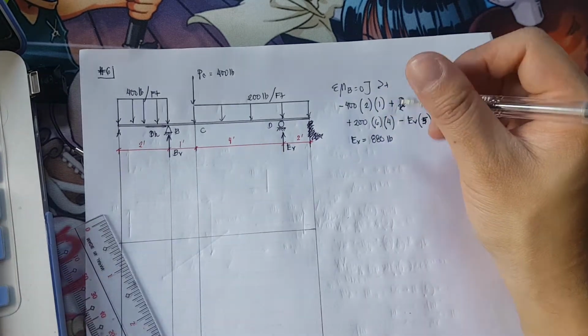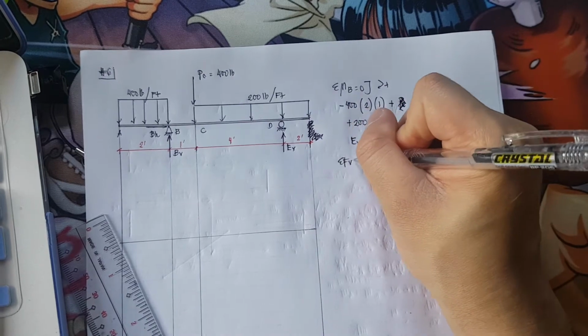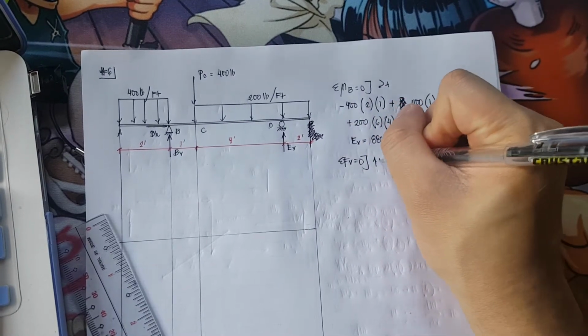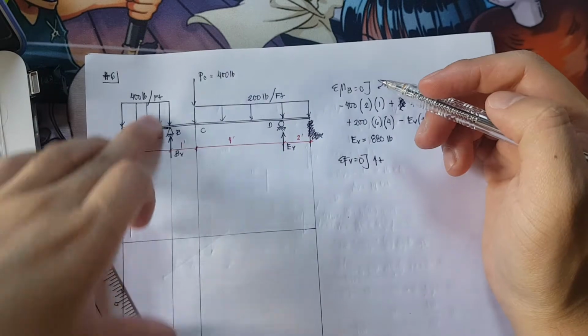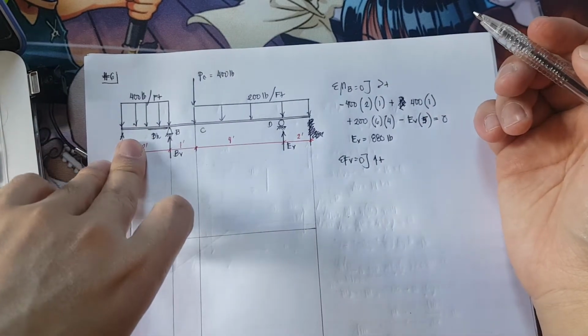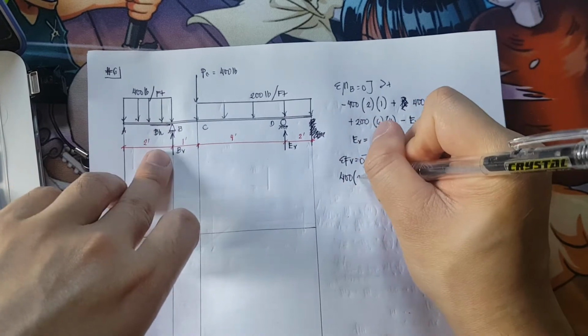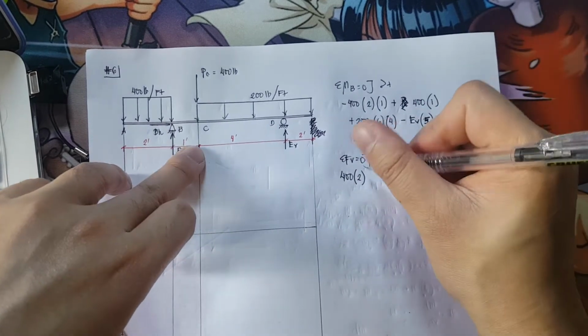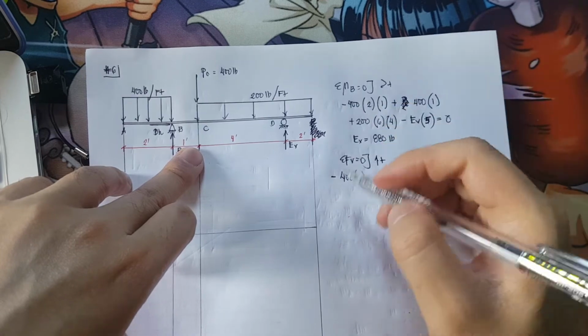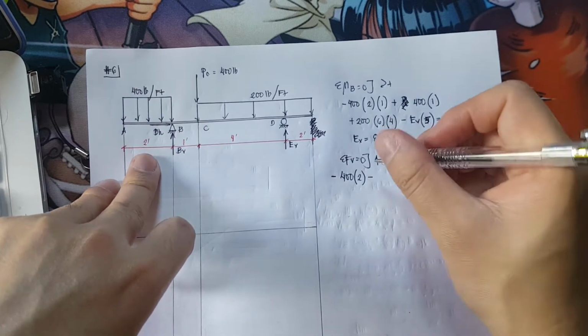Now to solve for the B vertical, summation of forces vertical is equivalent to 0. All forces pointing upward should be positive. So we have a downward force of 400 times a distance of 2, which is negative 400 pound-feet.